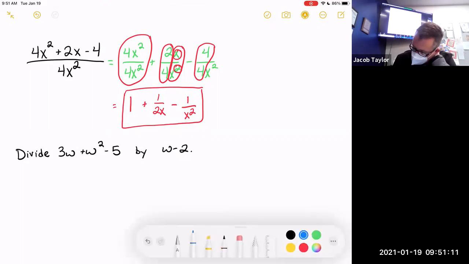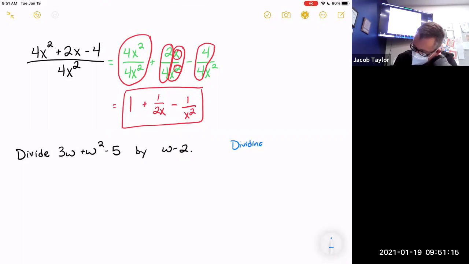And this we should mark in some way in our notes as dividing by a polynomial. We're mostly going to focus on dividing by a binomial, but you could use this to divide by a trinomial or whatever.